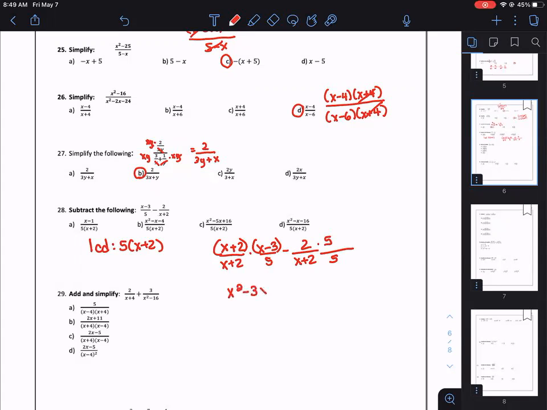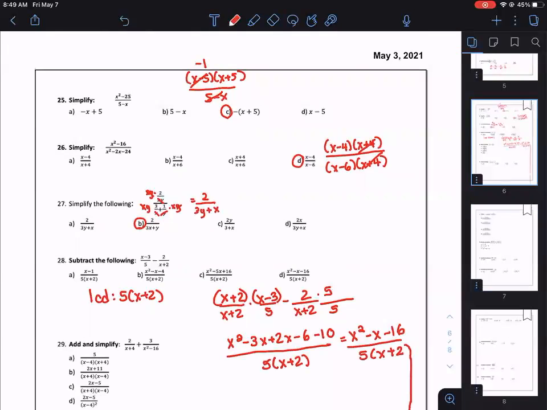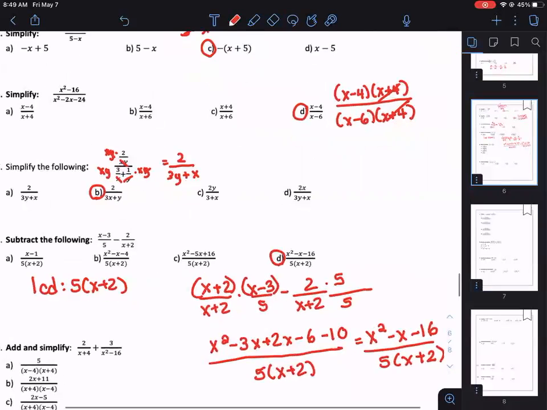So x squared minus 3x plus 2x minus 6. And then we could see that we're going to have a minus 10. So we can sort of do a combination right away. X squared minus x minus 16 over 5 times x plus 2. We cannot factor that any further. So we will just leave our answer and just be careful when picking your choice. Choice D is the correct solution there.